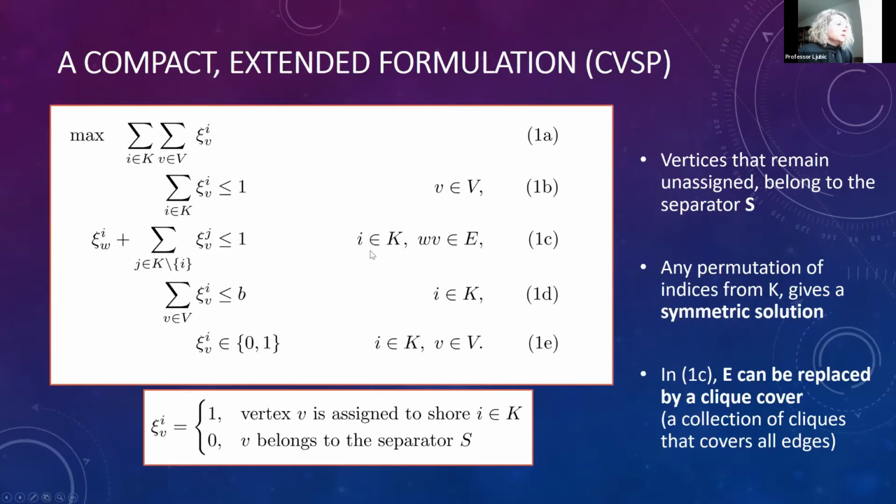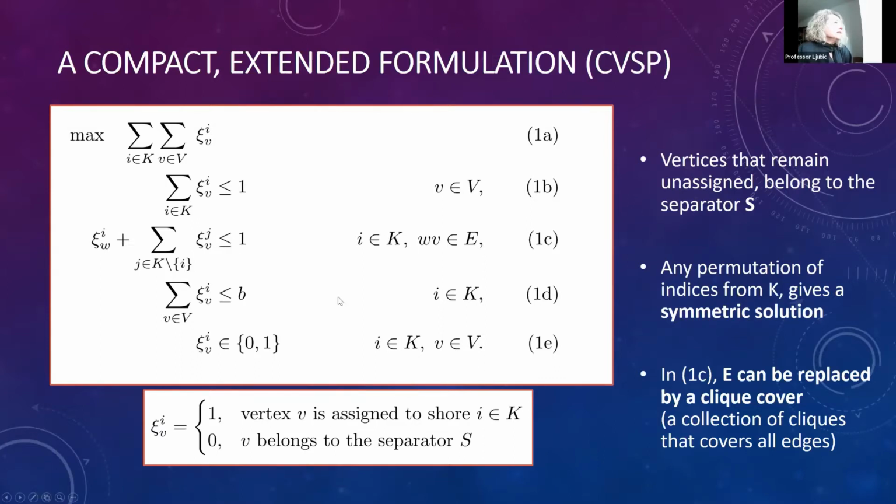And the second problem is the size of the model, because it contains the number of bins times the number of vertices of variables. So even though the constraints 1c could be slightly improved by replacing the edges with cliques in these constraints so that we are sure that we cover all the edges, still we would not be able to significantly improve the performance of this model.